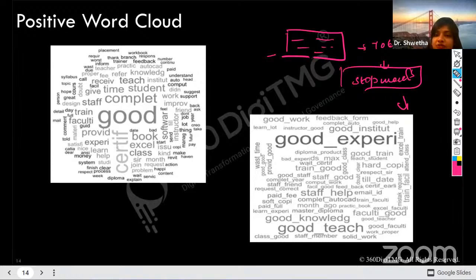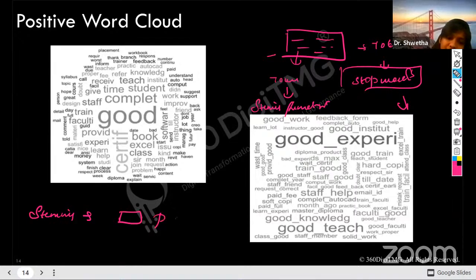Once you have removed the stop words from this paragraph and tokenized it, then you can apply stemming or lemmatization. What is stemming? Stemming would be to stem the root word. Okay, if the word is playing or running, you're trimming the word and just keeping the root word, play, run. So stemming is stemming off the other part of the word and just keeping the root word.